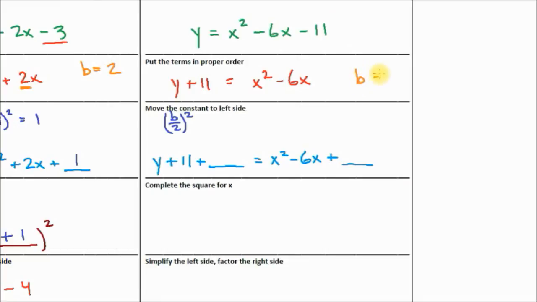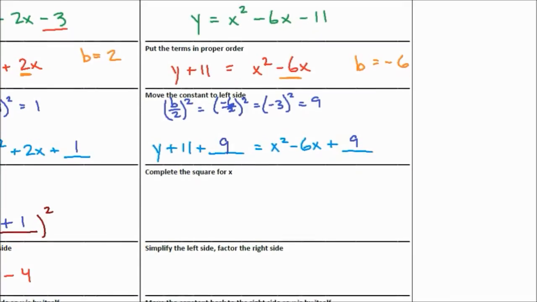In this case, b happens to be -6. So this is going to be -6 over 2 squared. -6 over 2 is -3 squared. When we square -3, it changes to +9. So our value to fill in the blank here is +9.